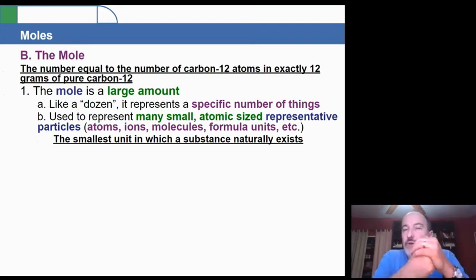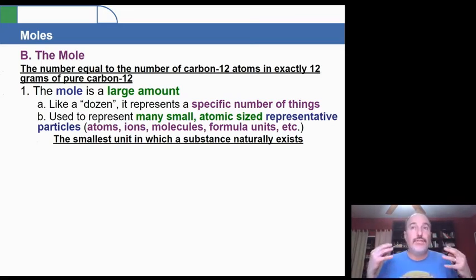It could be individual ions, like oxide ions, O-2, or formula units. If you're dealing with something like an ionic compound, like salt, those smallest units are formula units, but they're all representative particles. And 1 mole is basically a large number of those.